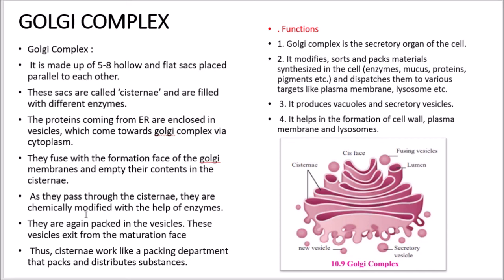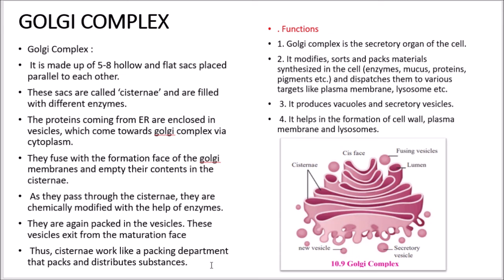As they pass through the cisternae, they are chemically modified with the help of enzymes. They are again packed in vesicles. This vesicle exits from the maturation face. Thus, cisternae work like a packaging department that packs and distributes the substances.